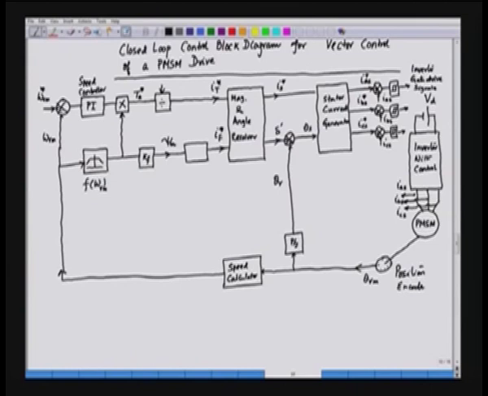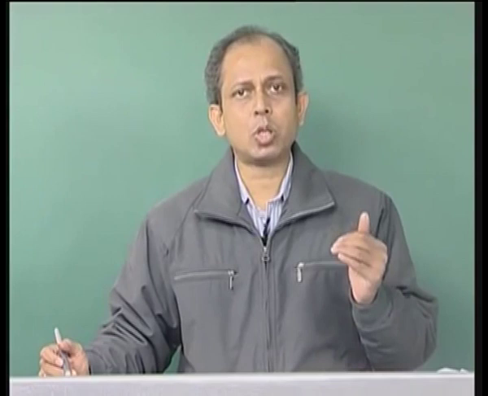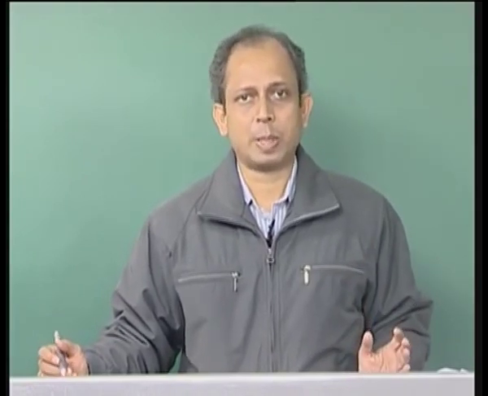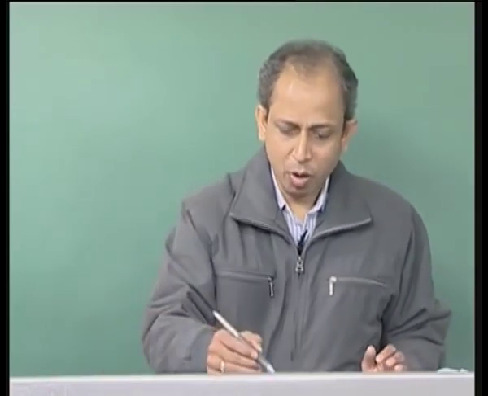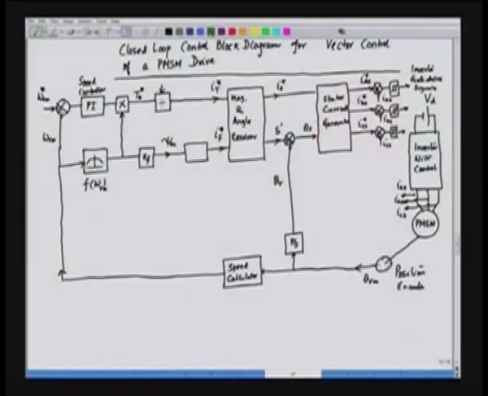Now, we have the various blocks. An important aspect to understand here is that this block diagram can control the speed below the base speed and above the base speed. Below the base speed, the magnetizing flux is constant. So, if we see this function block, this is the functional block that we have added here.